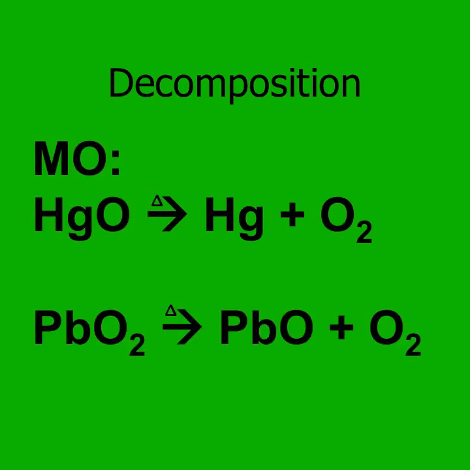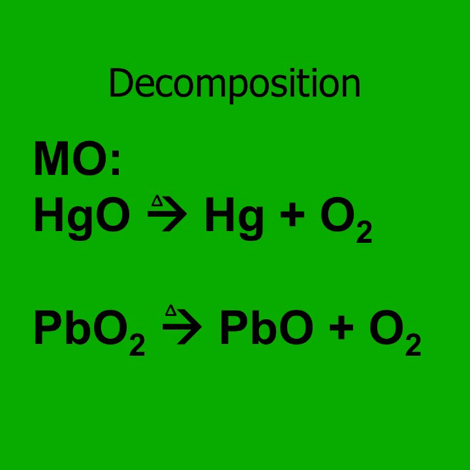The next type of decomposition reaction is the decomposition of a metallic oxide. And there are very few metallic oxides that you have to worry about. I'm only going to ask you to worry about 2 of them, and I've specifically given you their decomposition reactions on this slide. You have the decomposition of mercuric oxide that yields mercury metal and oxygen gas.